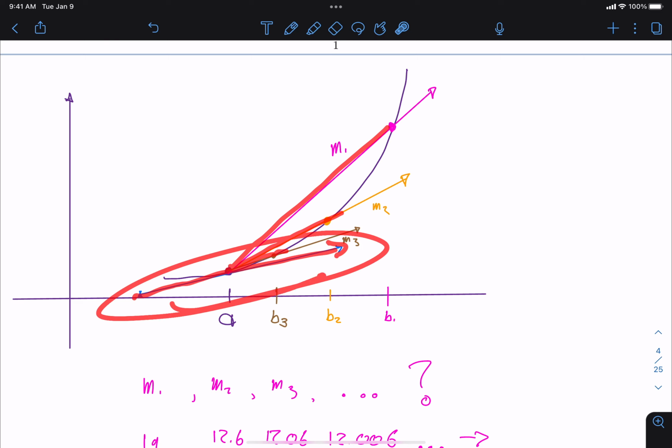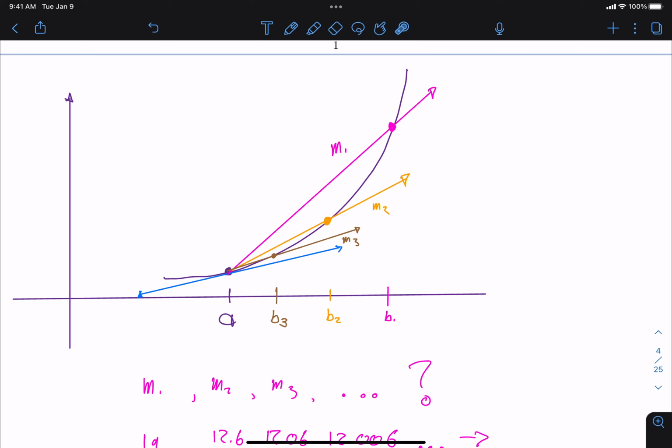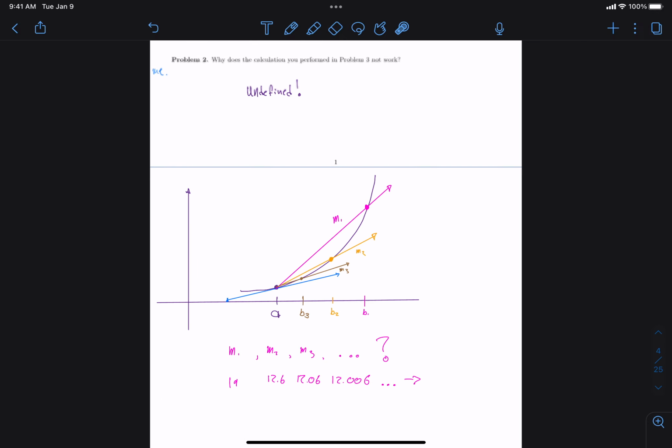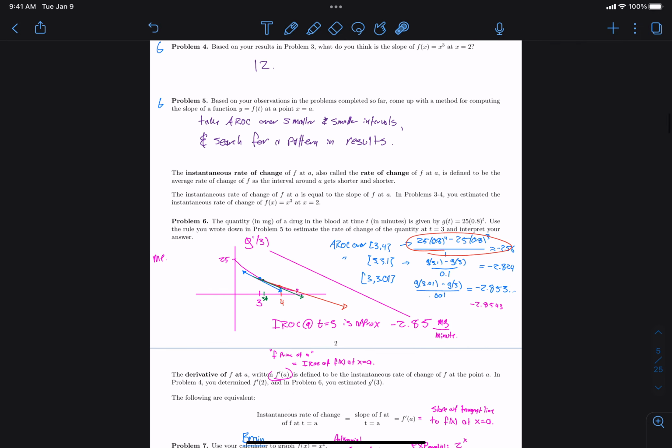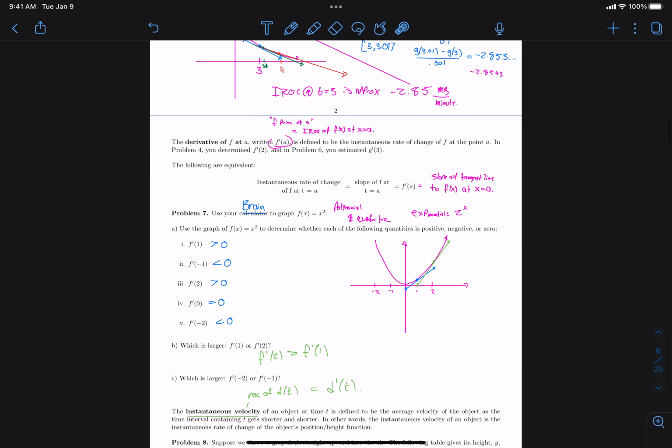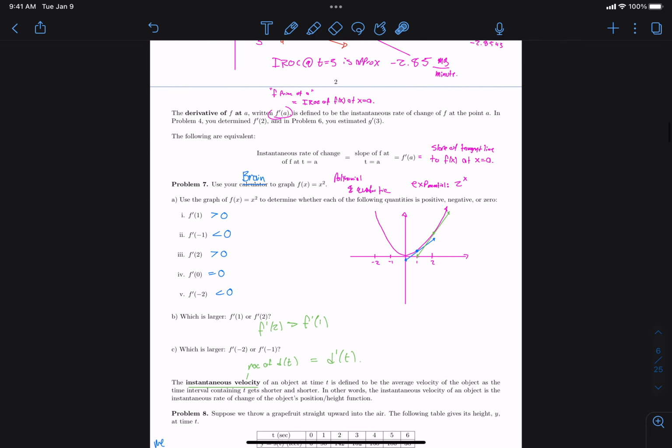So we just take the slope of these secant lines, where the secant line is becoming closer and closer to the tangent line, and then that helps us to look at the pattern and make an educated guess about what we think the actual slope of the tangent line is. Okay, so we did an example of that last time. We came up with a methodology and everything.